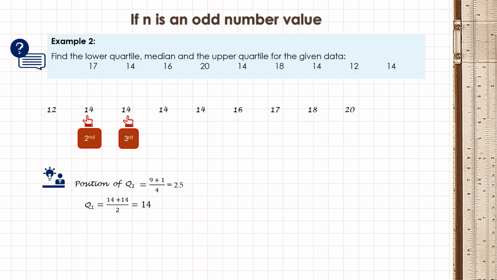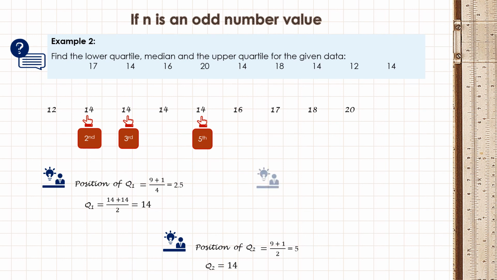So the first quartile is equal to 14. And for the median or second quartile, the position is (9 plus 1) divided by 2, equal to 5. So the median or second quartile is 14.